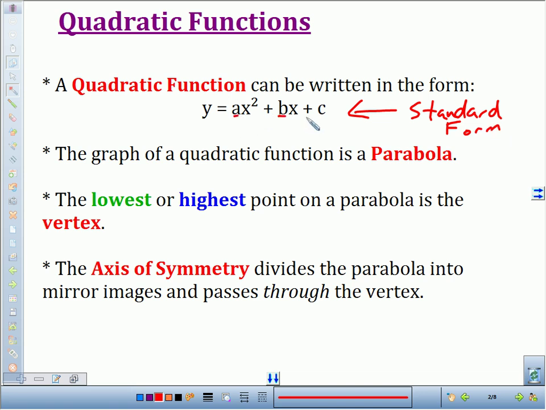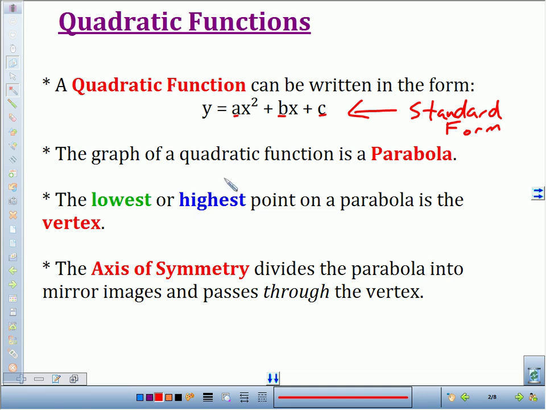A, b, and c are all numbers, and a isn't 0. Any other form is not standard form. So if you're asked to put something into standard form, that's what you're going to use. This is probably the most common way to see a quadratic function being written.